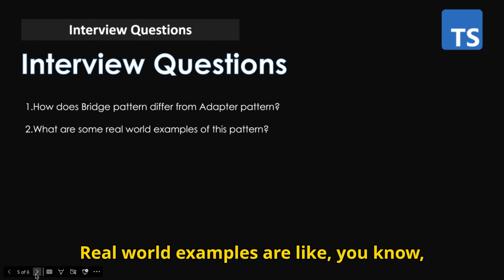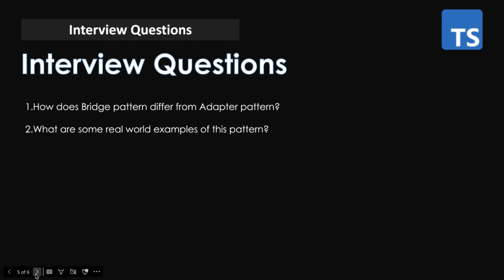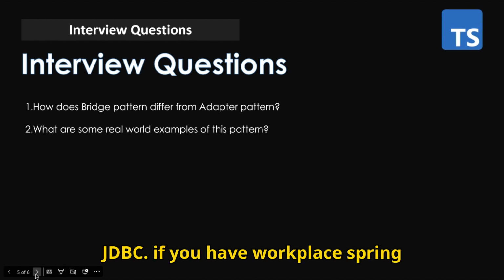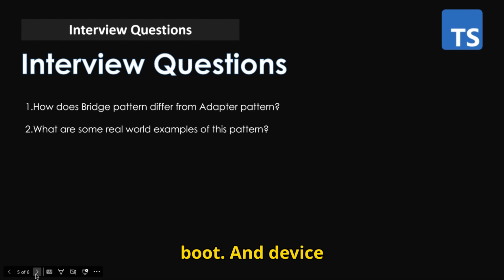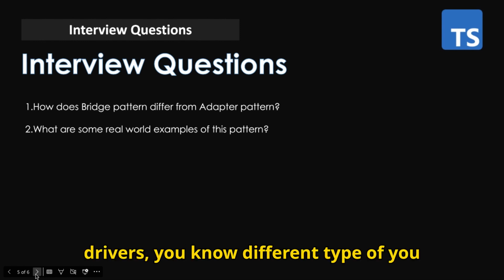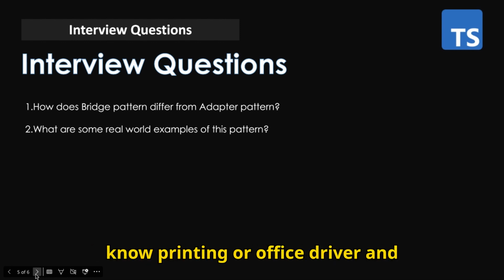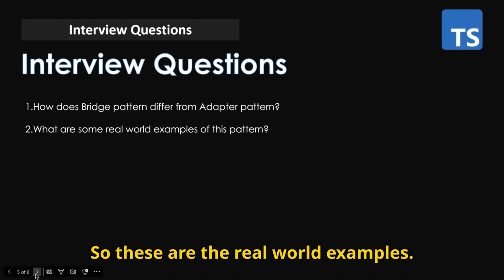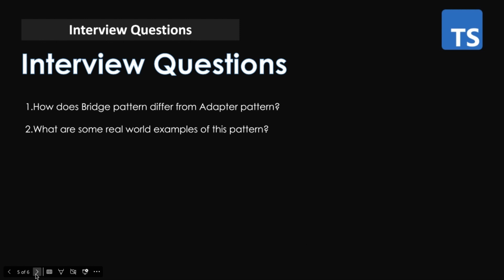Real world examples are GUI frameworks or database drivers, like JDBC, if you have worked with Spring Boot. And device drivers, different types of printing or graphics drivers and all. And the remote controls. So these are the real world examples.